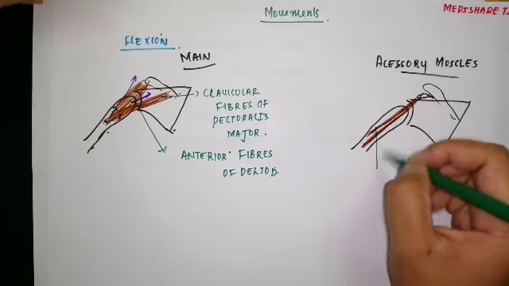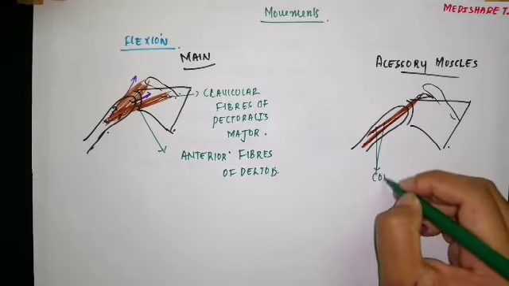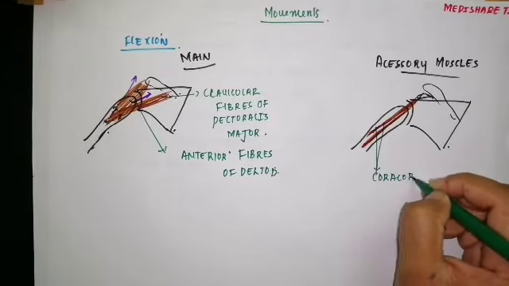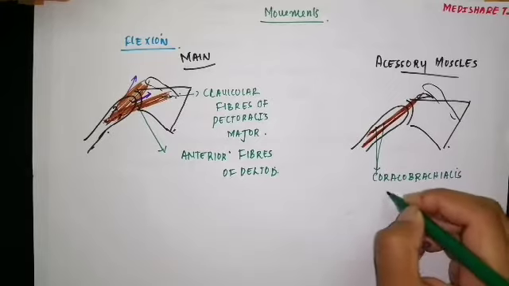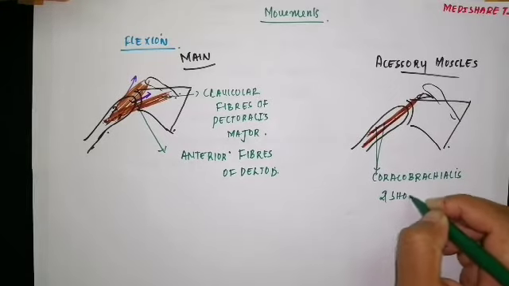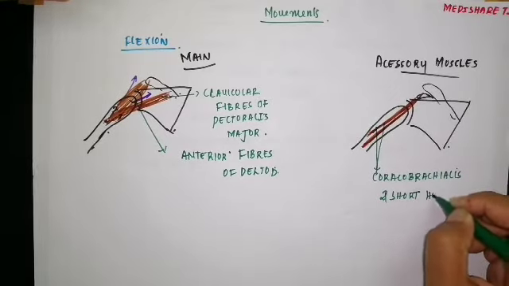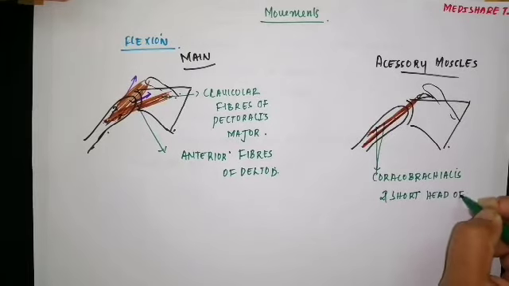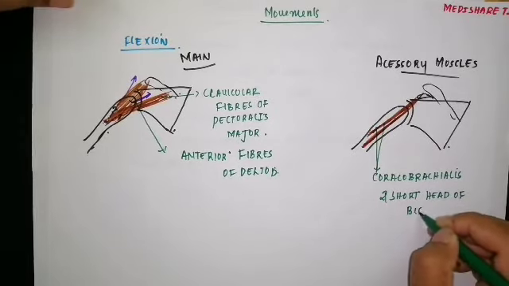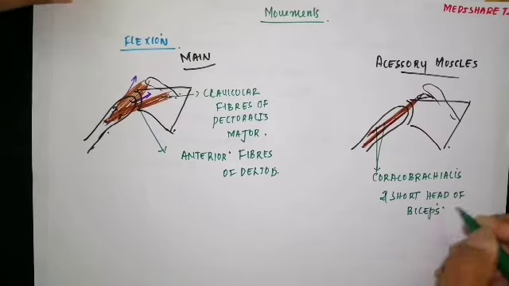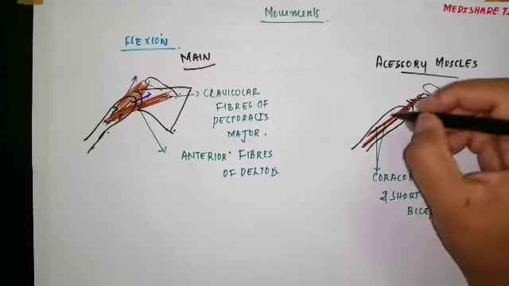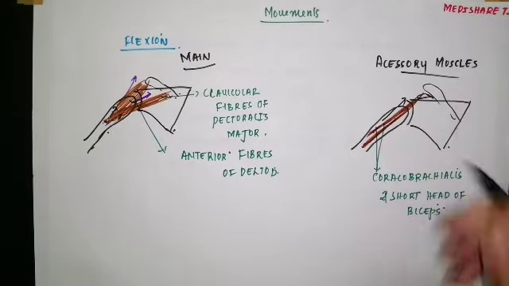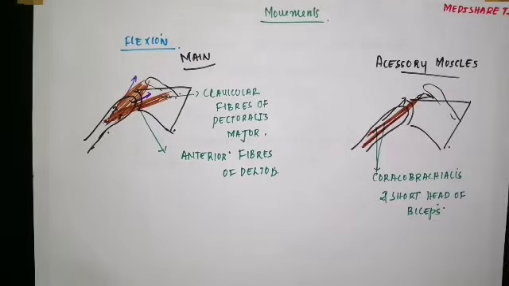So these two muscles are coracobrachialis and short head of biceps. This will contract like this and pulls up the humerus and causes flexion of the shoulder joint.